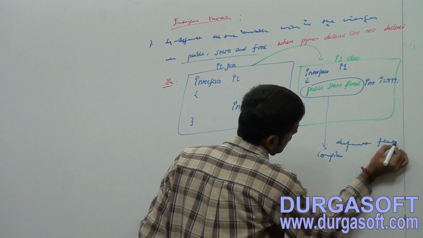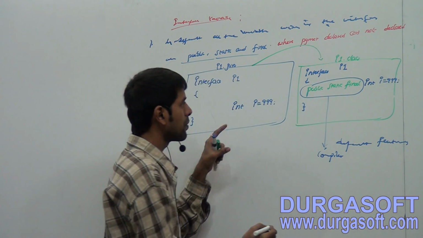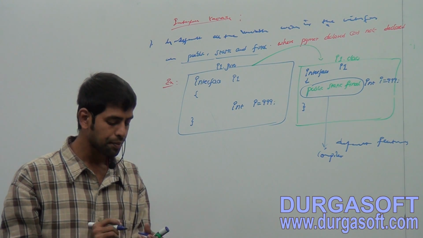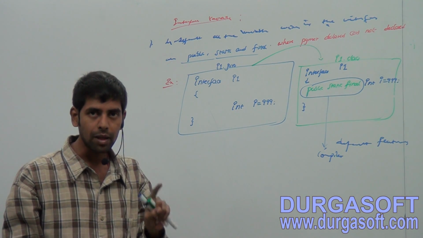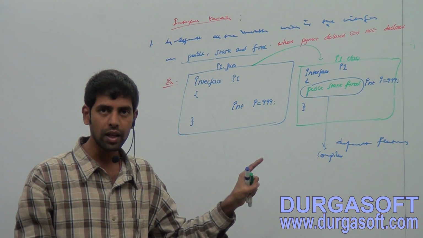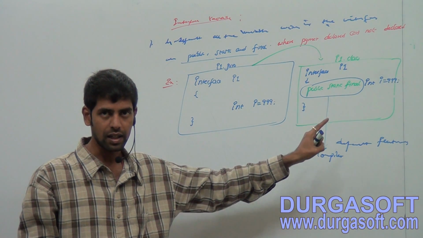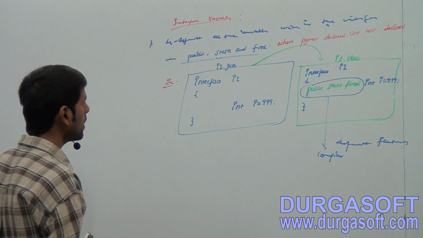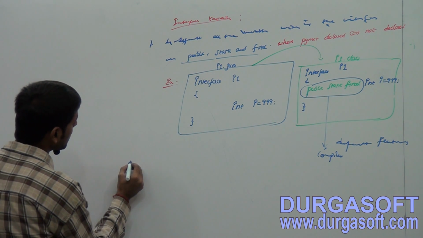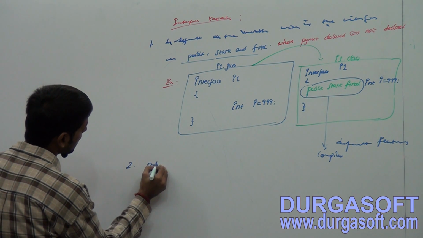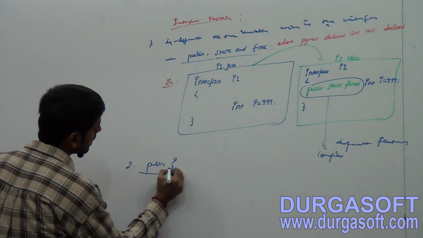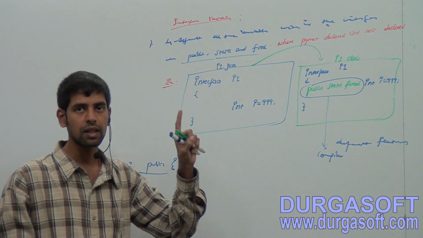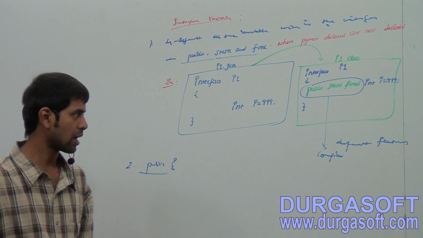These are some default features. Why do they provide this feature only to the interface? Definitely there must be a reason why they make these things public, static, final. First let us discuss why it has been made public.